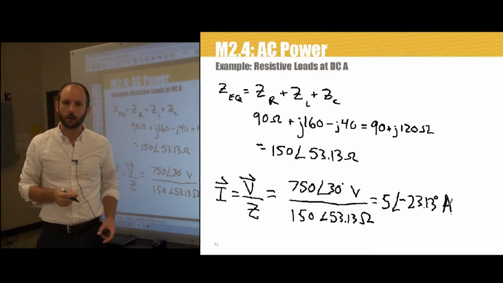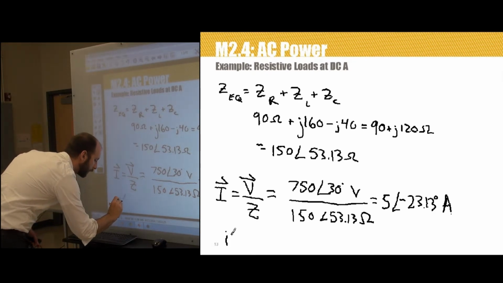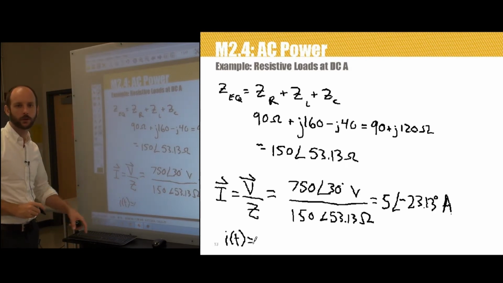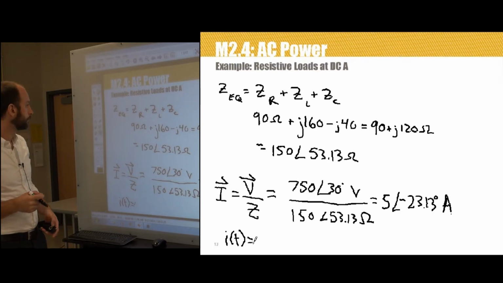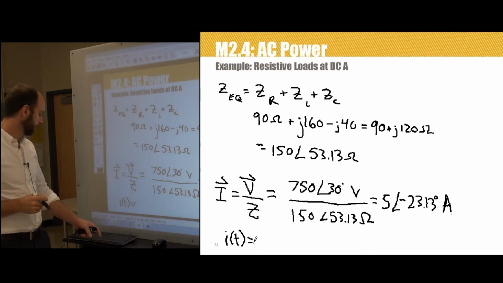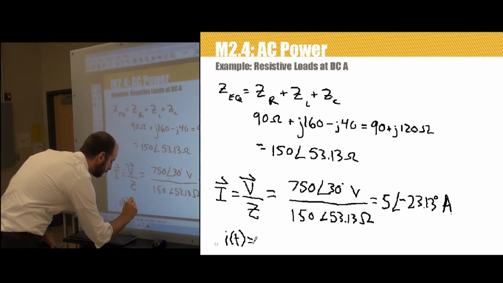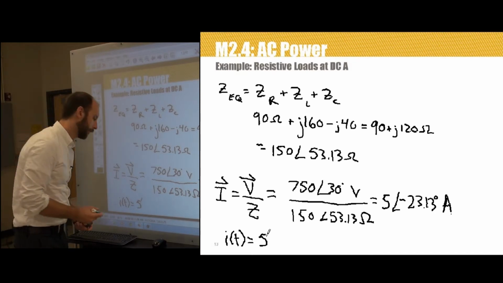So how do I convert that back into a time domain expression for current? I of t, the time domain expression for current, is the 5. Then I just put my cosine function.